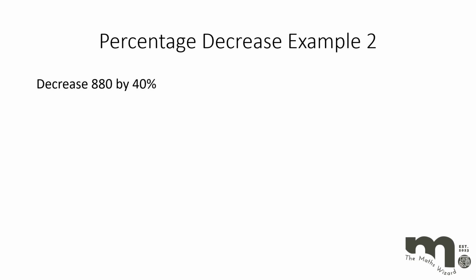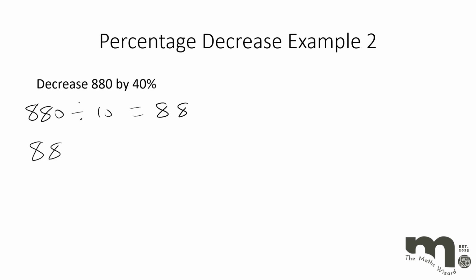Okay, so next one then, we're going to do decrease 880 by 40%. So there's quite a few ways we can do 40%, but if you were perhaps doing it without a calculator, you might do this. 880 divided by 10, that'll give you 88.